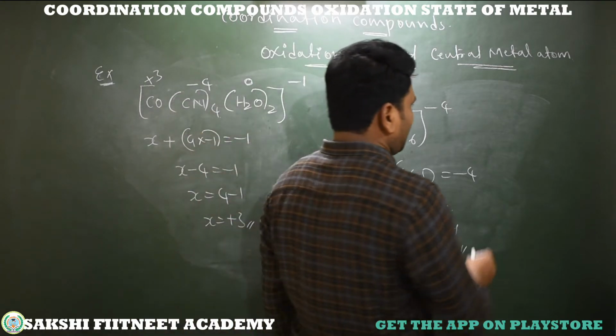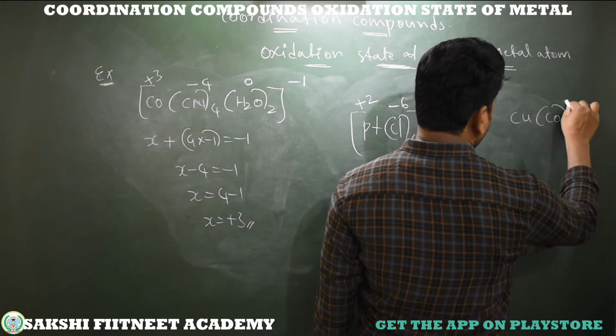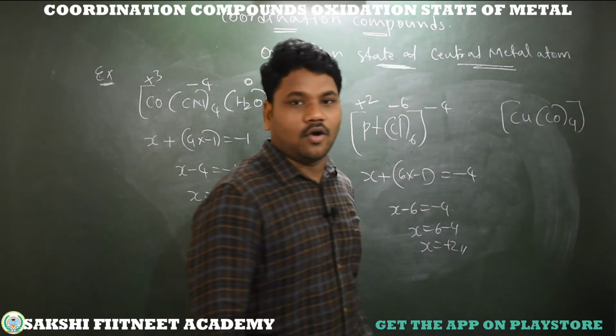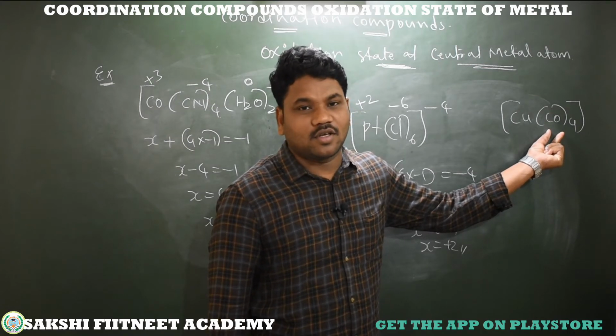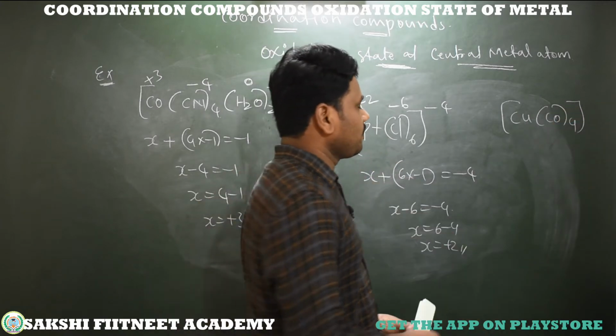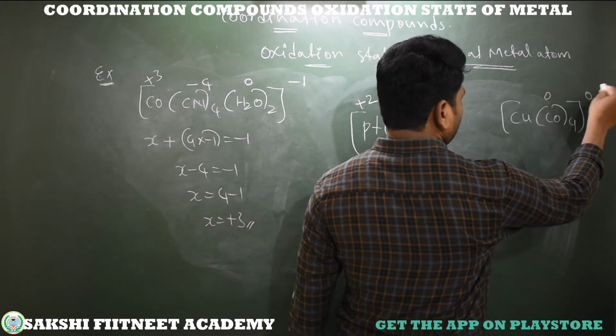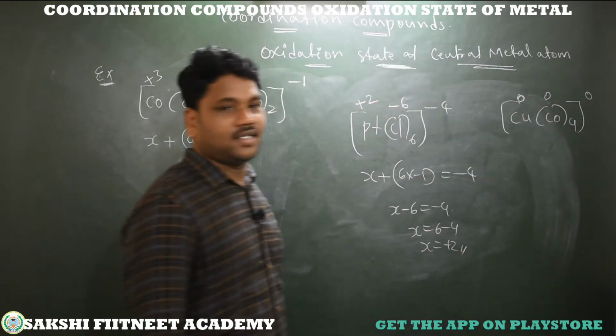Same way I am taking another example, that is tetracarbonyl copper. See, carbonyl gives 0 oxidation state. So there is no charge on the coordination sphere. So obviously the total charge is 0, that means the oxidation state of copper is 0.